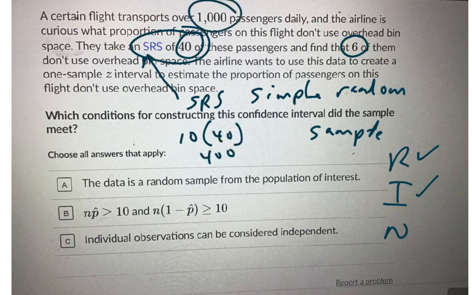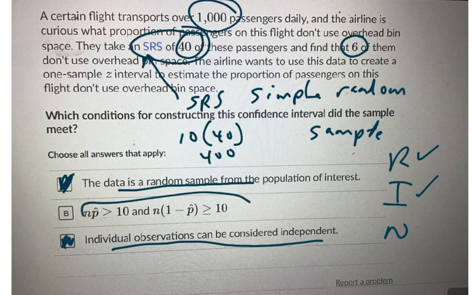And note, they already told us we have 1,000 passengers daily. 400 is definitely less than 10% of our population, right? We're sampling less than 10% of the population. So is the data a random sample? Yes, we would select that. Is individual operations considered independent? Yes, we'll select that.